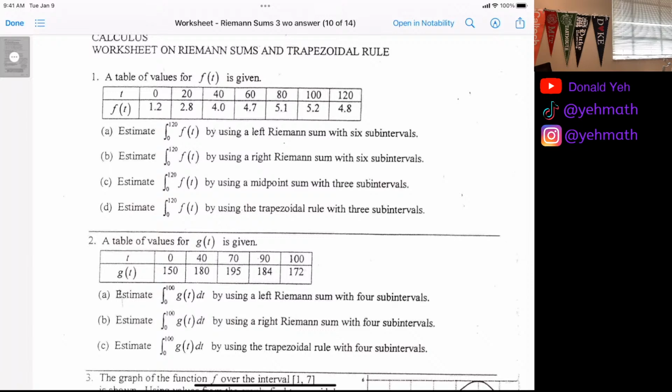Wait, aren't we doing left first? 20 first. So it'll be 20 of f of 0, right? Plus 20 of. 20 plus 20, 40. Plus 20 of. He told us to use calculators. You're amazing, Nathan.